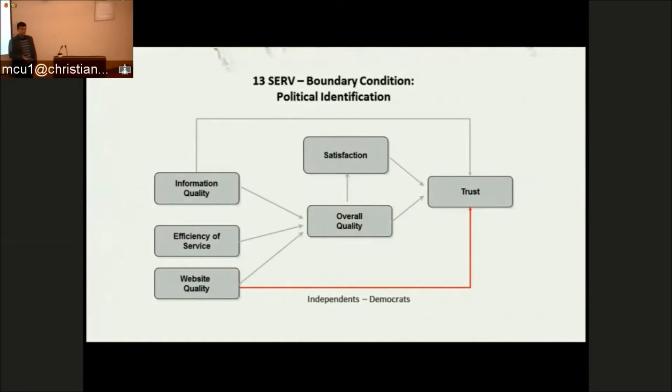So when the Obamacare fiasco happened, it is possible that the dip in ratings that Obama suffered was because of the perceptions of independents. Republicans and Democrats have already made up their minds. They either love him or hate him, and no matter what the website is doing, it doesn't matter for their levels of trust. So that was one thing that came out of the data, and again, I'm conjecturing.